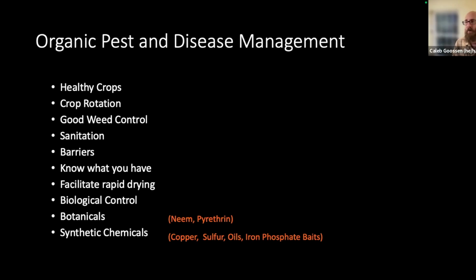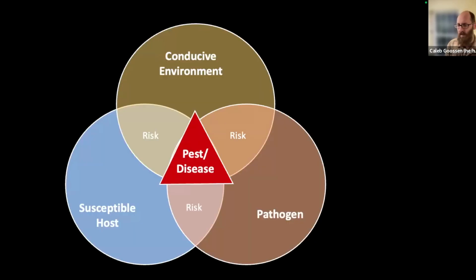Oils are also really good to smother really small, soft-bodied pests like aphids. Iron phosphate baits for slugs and snails. We want to control the environment, but if you're still getting them, then this is sort of your last ditch effort that would be allowed under rules for organic growing.